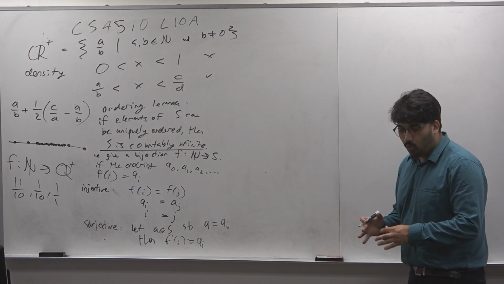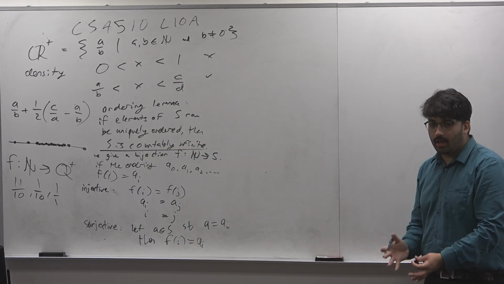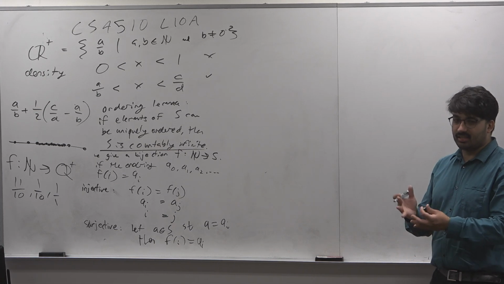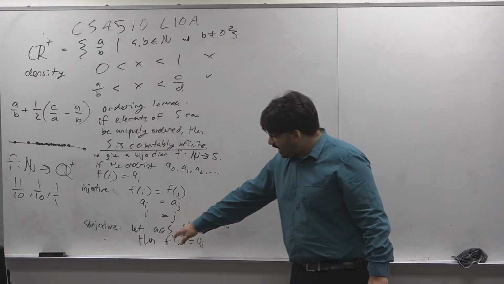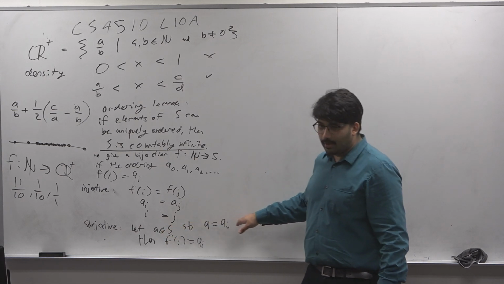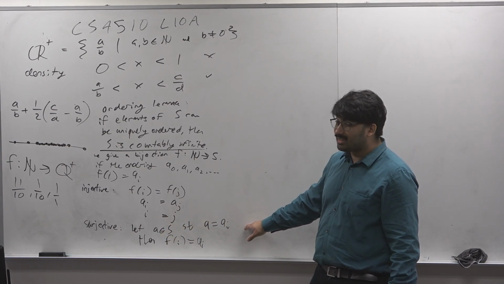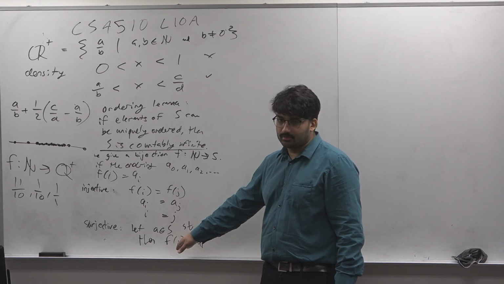Since the ordering goes over all elements, it's surjective. For every a in S, it's somewhere in line. So the spot that it is in line is the number that maps to it, QED.